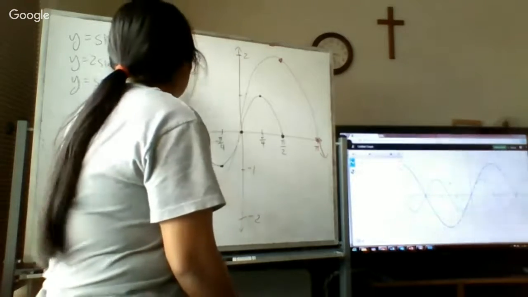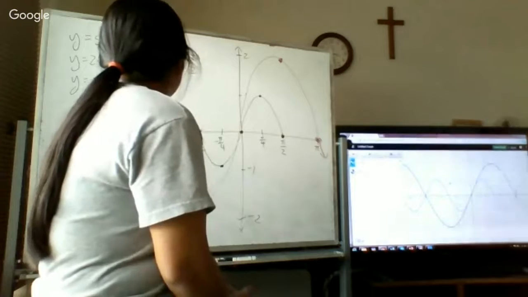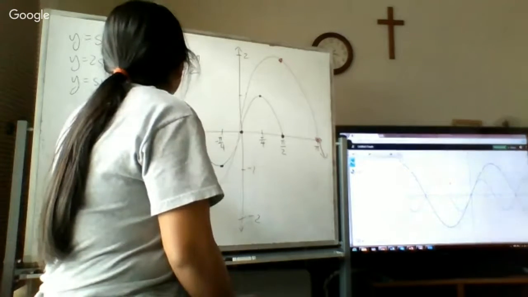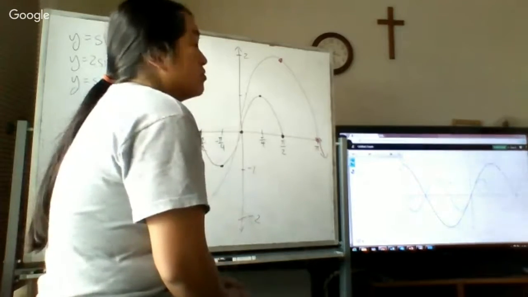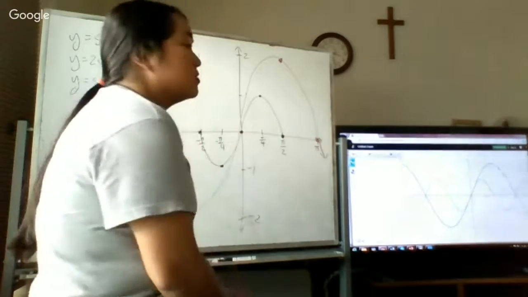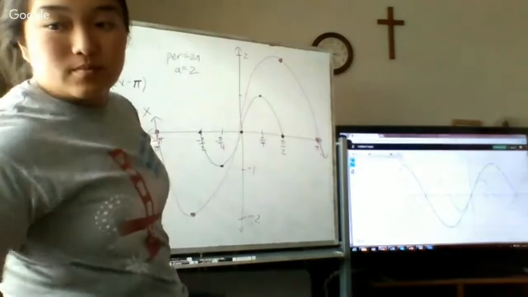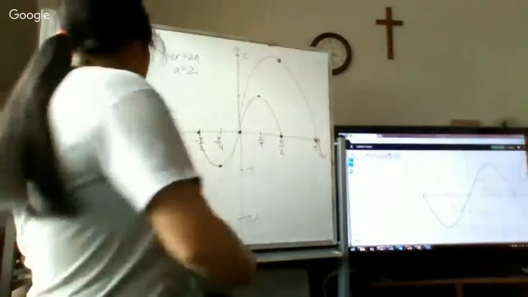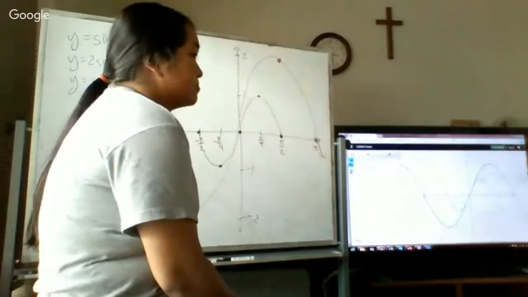Yeah, so b is just the coefficient of x, just like if you're doing a horizontal stretch or horizontal compression, you would just multiply x by some number. That number is b. So the coefficient is just 2, so 2 pi over 2.